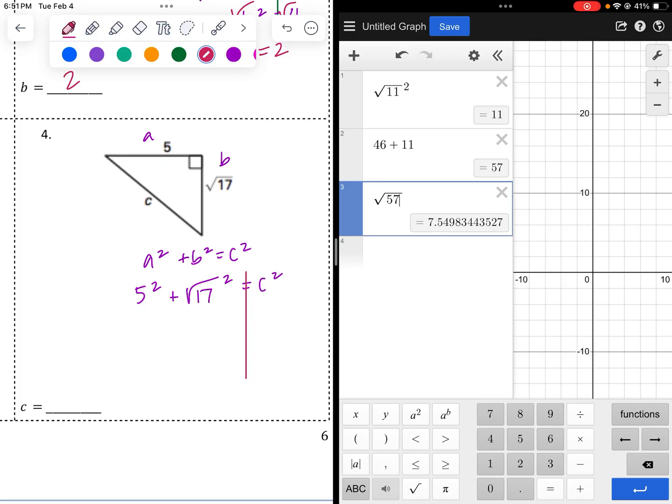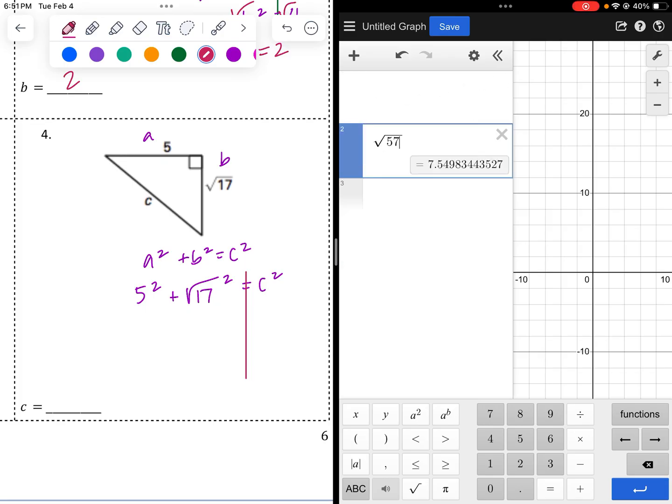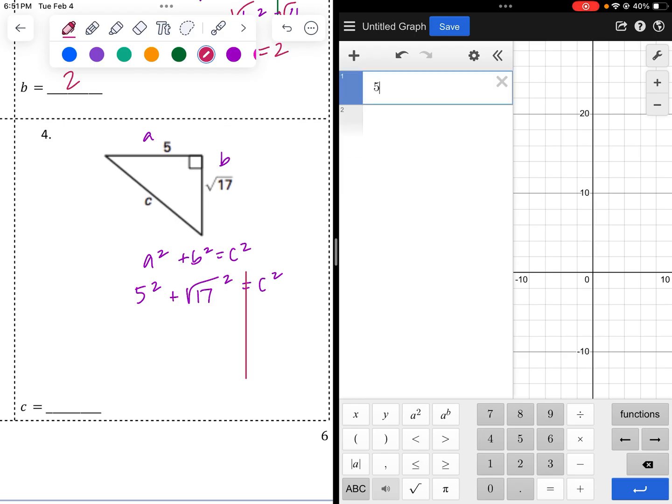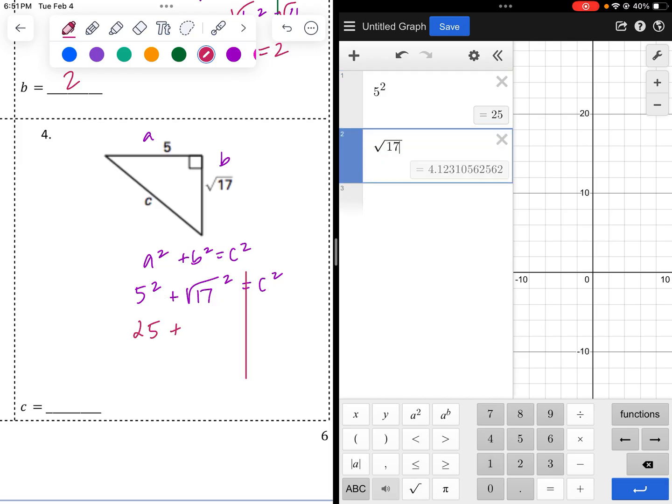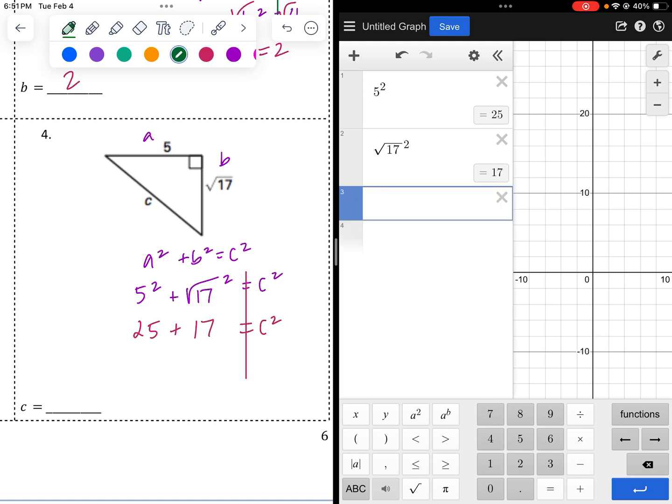This time around, the 5 is not underneath a radical, so I have to do 5 squared. 5 squared is 25, so this gives me 25 plus the square root of 17 squared, which gives me 17, is equal to c squared. I can add 25 plus 17, which gives me 42, is equal to c squared.